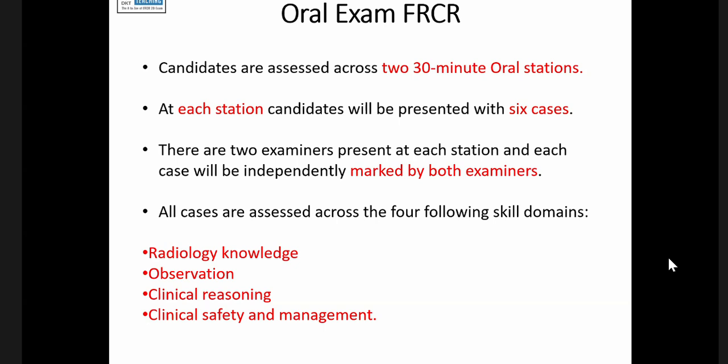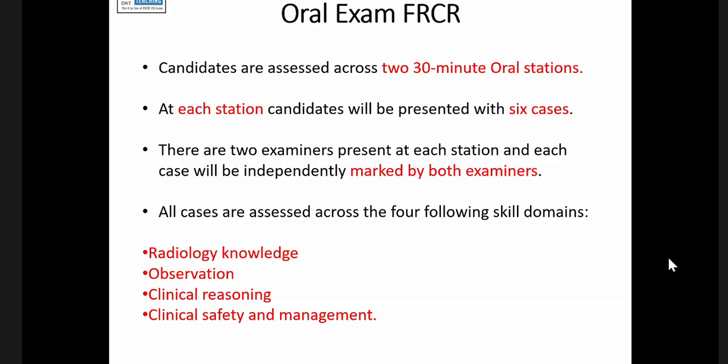You remember previously there were marks from 4 to 8. You could not get less than 4 marks, and 6 was the pass mark. If you got 5.5 in one and 6.5 in another, you could compensate. That system has completely gone now.